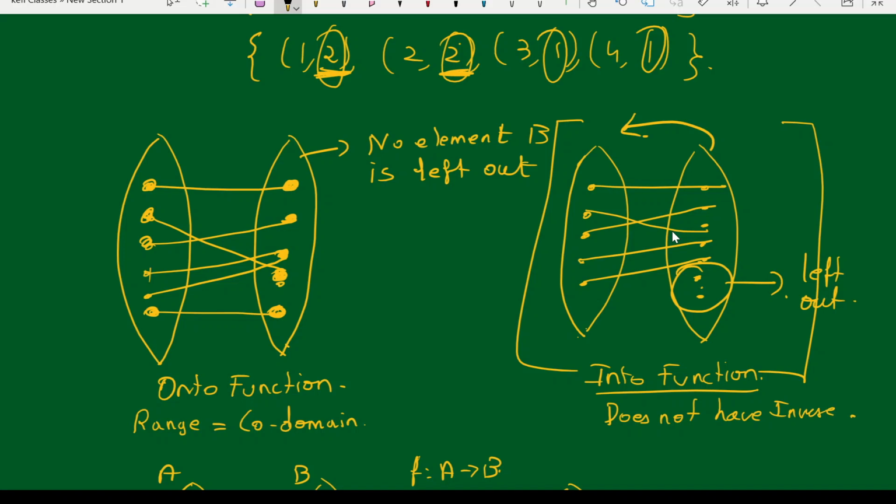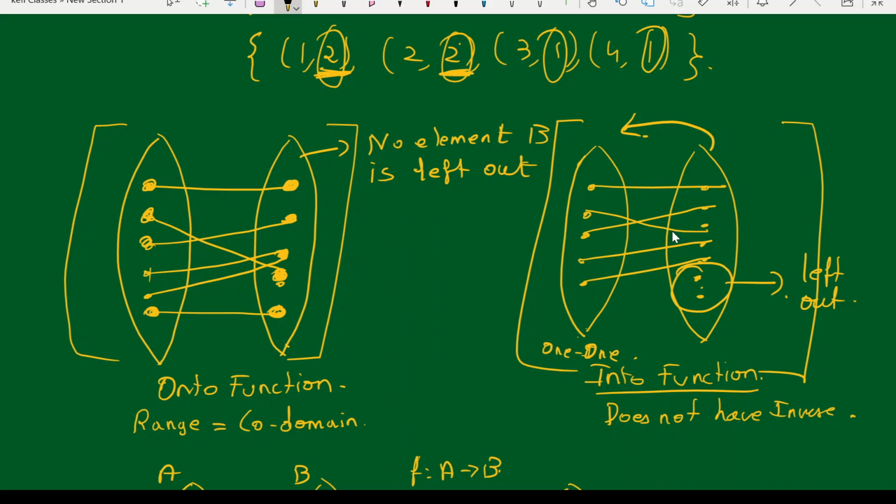Let's check this function. It was 1-1 into. Okay, remember. Now, for this diagram, if you go in the opposite direction, is it a function? No. Because see this element, it will have two images. So it's not a function.